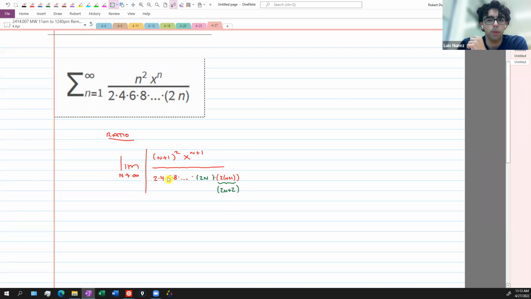That's not a factorial because it's not multiplying down, right? It's just multiplying exponentially up by n. n is going to infinity, so n's getting bigger.